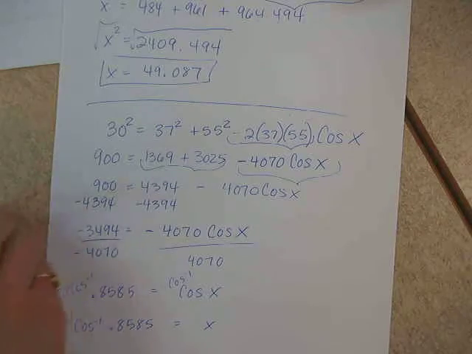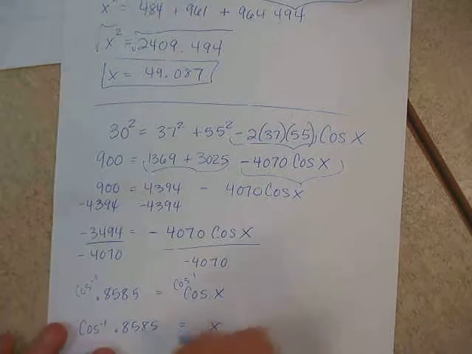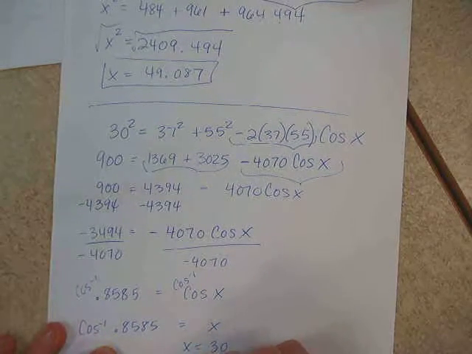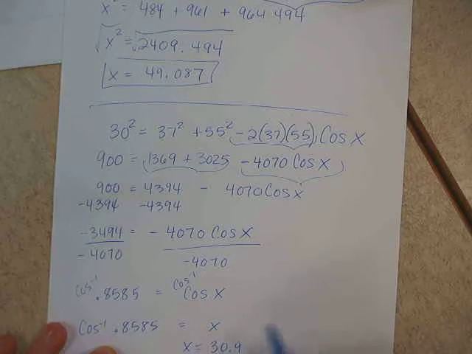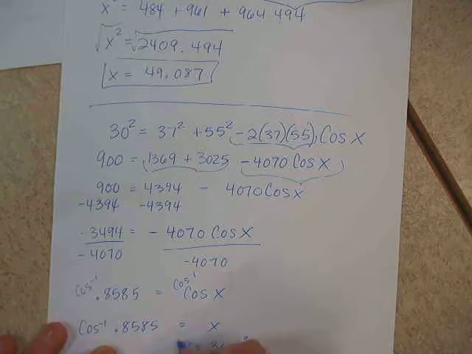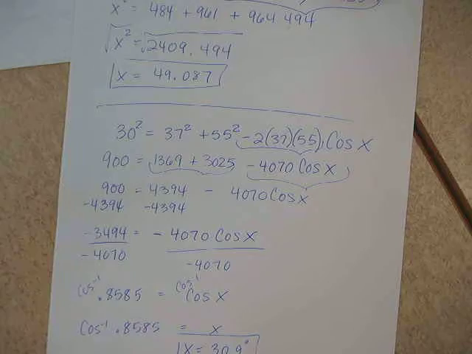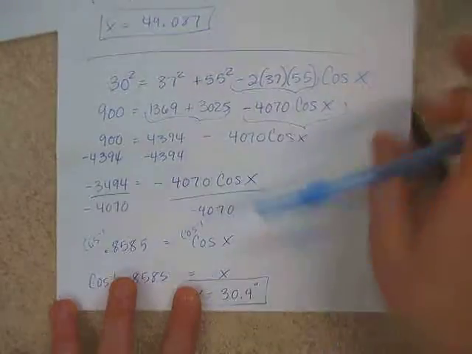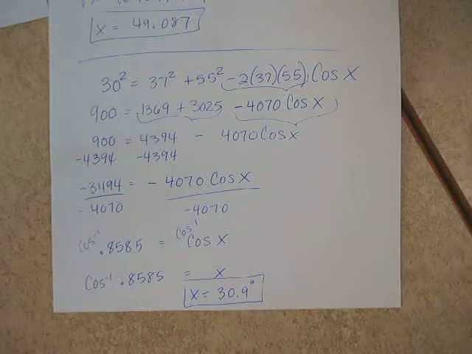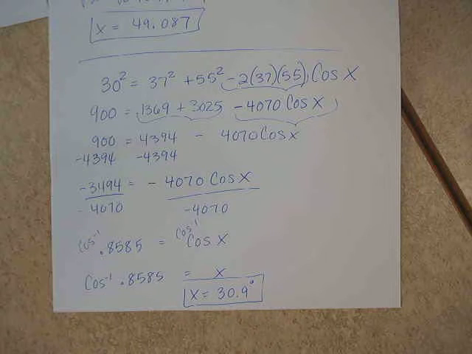Oh, hold on. I had a negative in there that shouldn't be. So 30 divided by 4070. Second cosine, second answer. 30.854. Yes? Okay. So 30.9, and that's degrees.